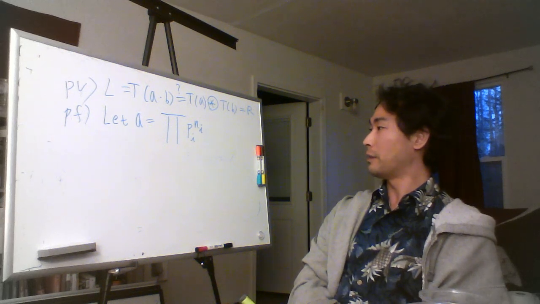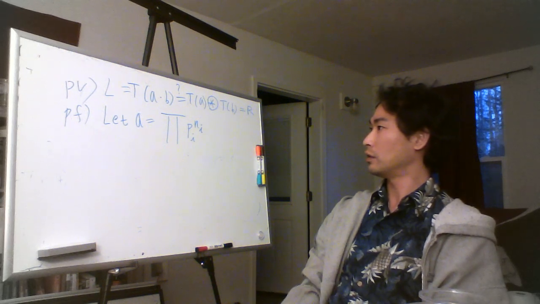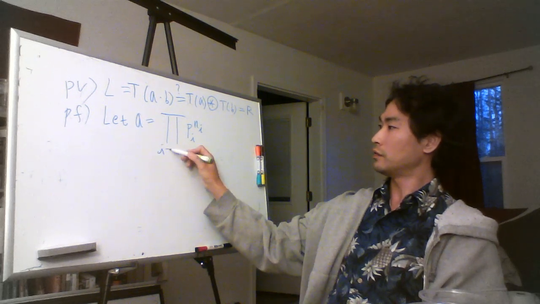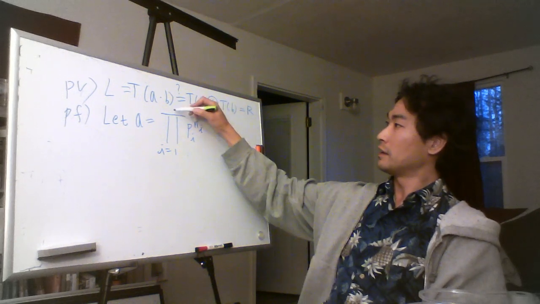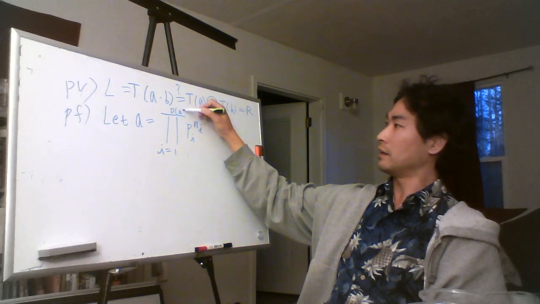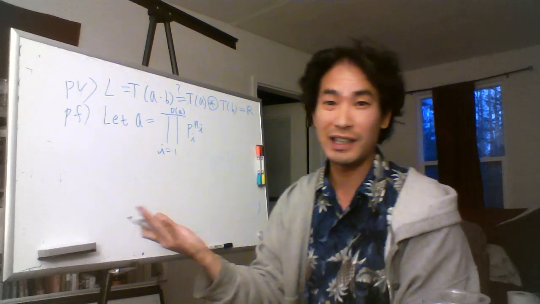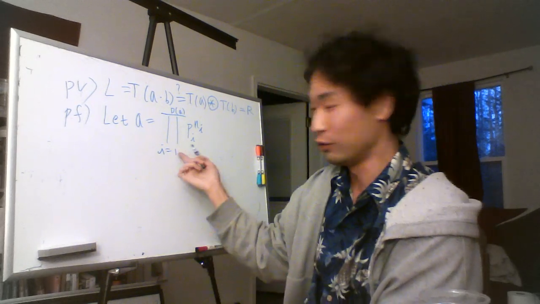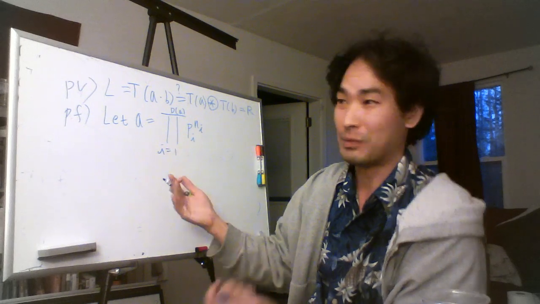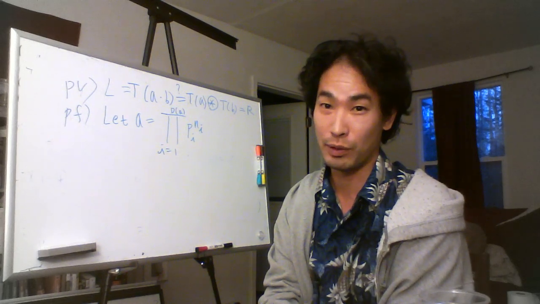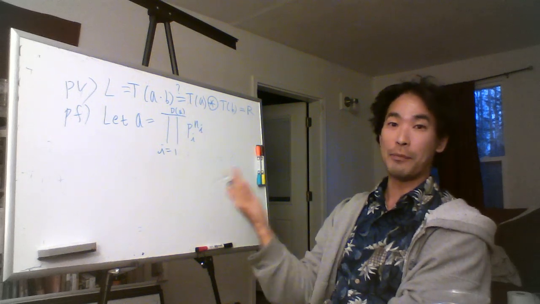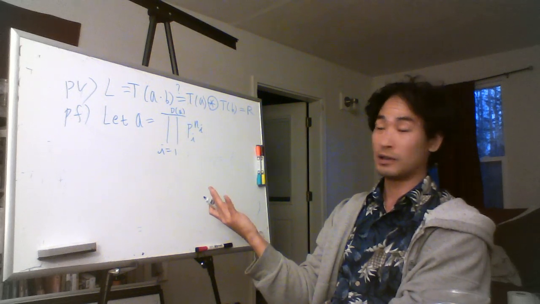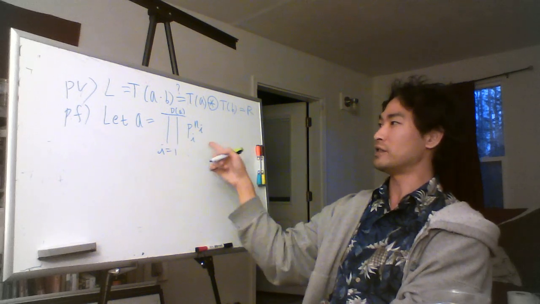Prime factorization, right? So you multiply all of them. It's like tau, pi is tau. Okay, let's make use of D. So i is from 1 to D of a. You see, it's already useful, right? Because I thought it would be important. Look, D of a: how many distinct primes are there in the prime factorization of a?